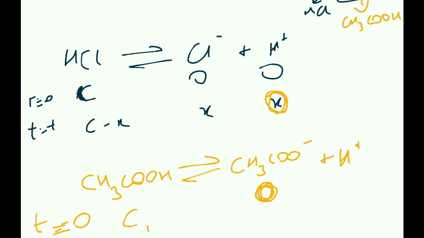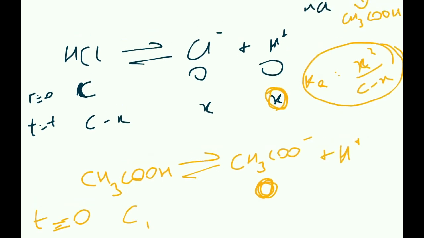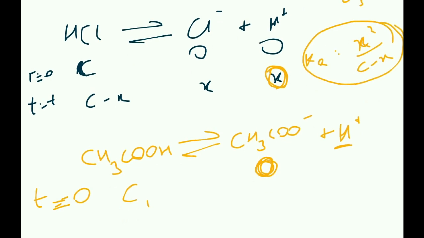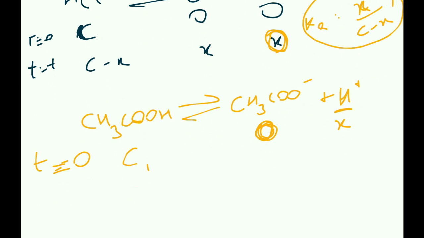Over here when you solve for Ka, you're going to get X squared by C minus X, and you can solve for X. So it shows that H plus is already present over here, right? This effect is called the common ion effect because there's already a similar ion present from before, and that's going to change our initial concentration. My initial concentration is now going to be X. It's not going to be 0, it's going to be X.